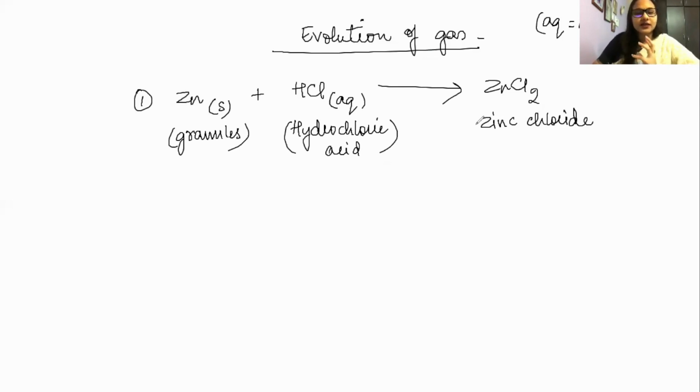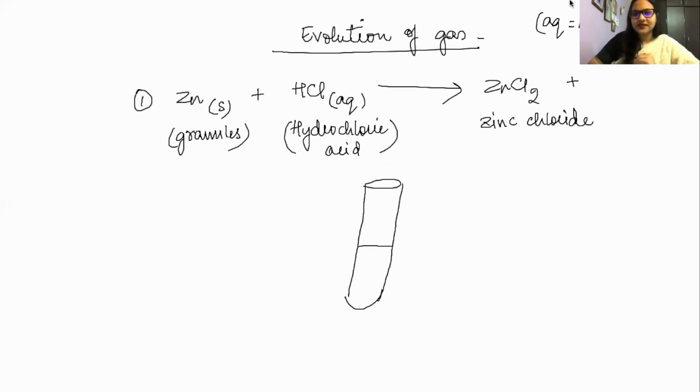So a kind of salt is prepared, zinc chloride, and along with that, the moment you add zinc in the test tube, you should observe tiny bubbles forming. Let's say if I try to draw it, this is a test tube and you've taken HCl and added small pieces of zinc.